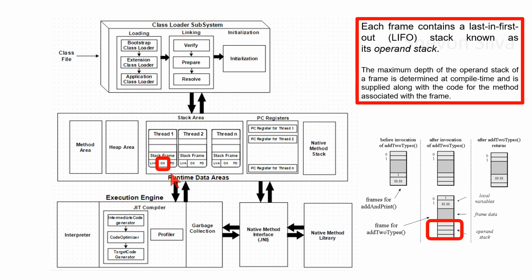Operand stack. Each frame contains a last in first out stack known as its operand stack. The maximum depth of the operand stack of a frame is determined at compile time and is supplied along with the code for the method associated with the frame. Here you can see operand stack here.